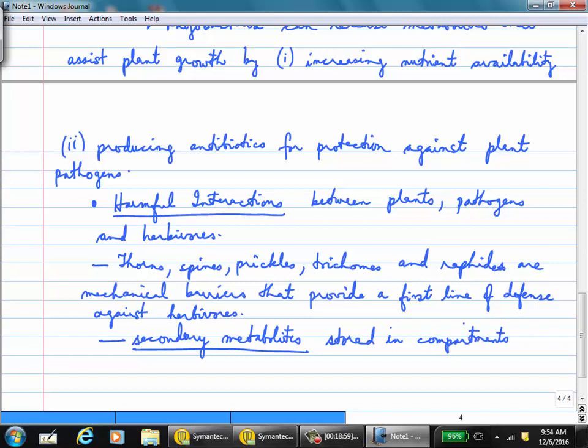Why? Because if the plant is producing those toxic secondary metabolites, it could be harming itself. So the different components are separated. When the herbivore comes and eats that plant, things get mixed, there's damage, and then the toxic stuff is produced. So secondary metabolites stored in compartments are released upon damage.